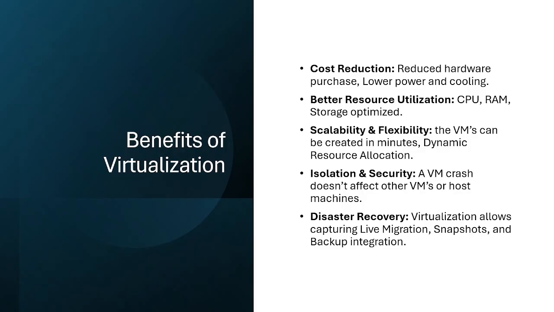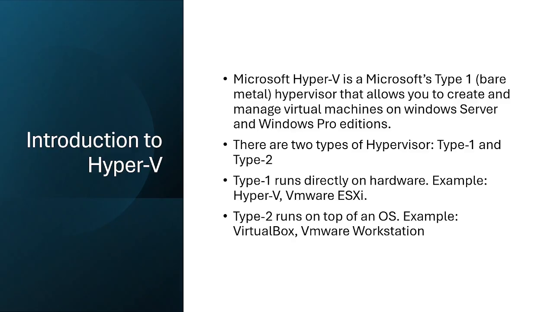The virtual machines that are created do not affect or get affected by the host machines. If a virtual machine crashes, it does not affect the other virtual machines or the host machine that it is running on. Virtualization also allows us to capture live migrations, snapshots, and backup integrations, which gives huge flexibility in disaster recovery. The virtualization software that we are about to look into is Microsoft Hyper-V.